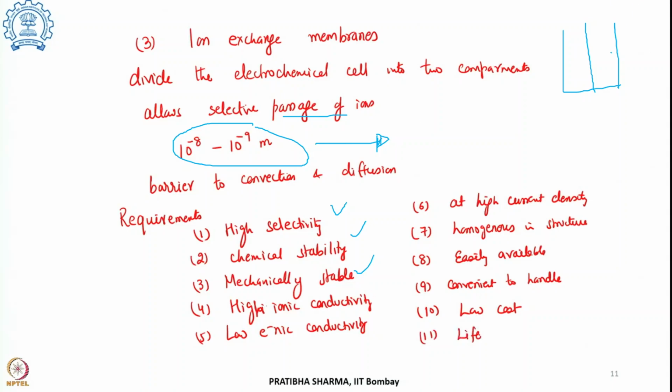One thing is important: this separator should have high ionic conductivity but low electronic conductivity. The ions should pass through the membrane easily, but electrons should not. If the membrane or separator has high electronic conductivity, what will happen? Can anyone of you answer this?